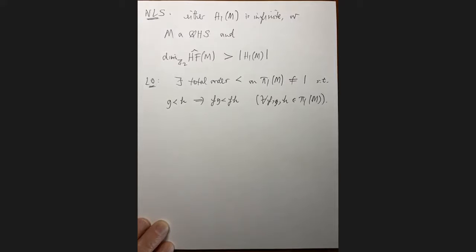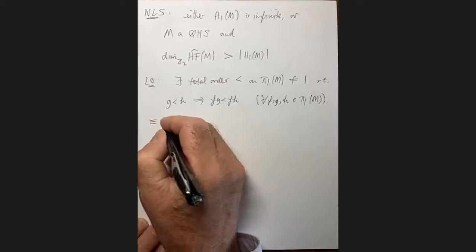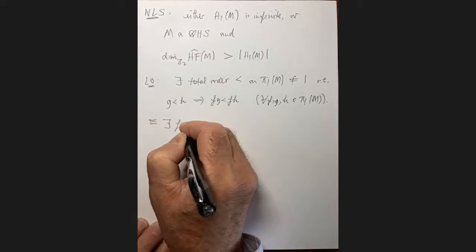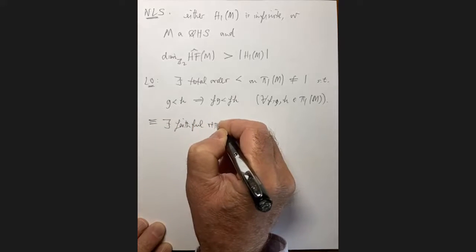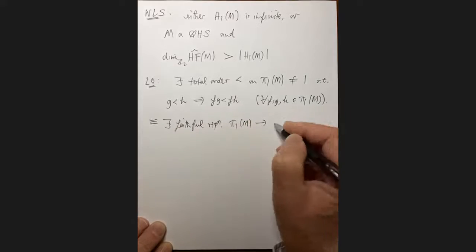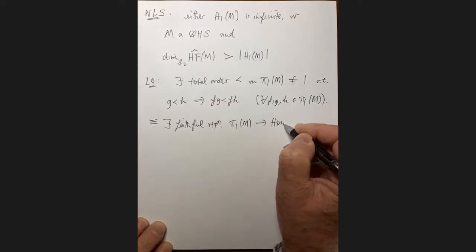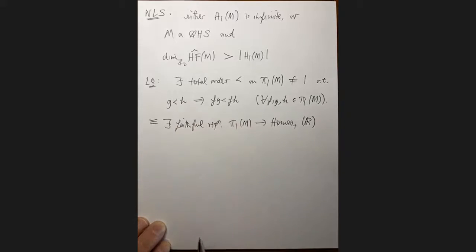In practice, it's frequently more convenient to use a sort of dynamical characterization of this, which is that this is equivalent to saying that there's a faithful representation from pi1 of M into the group of orientation preserving homeomorphisms of the real line. In fact, this equivalence is true for all countable groups.